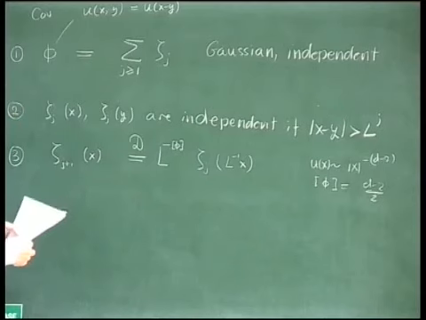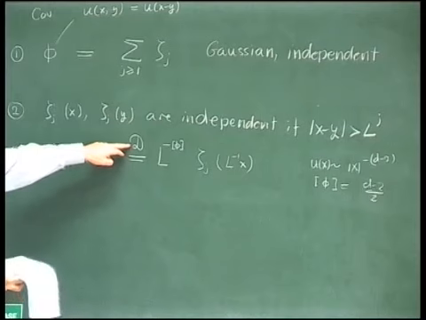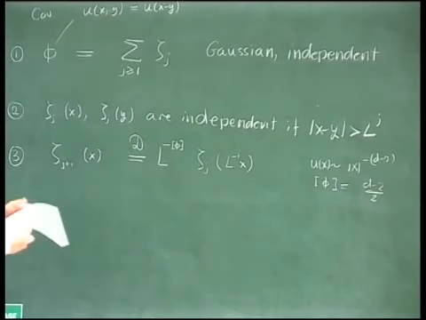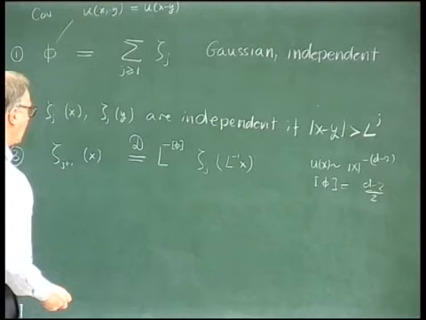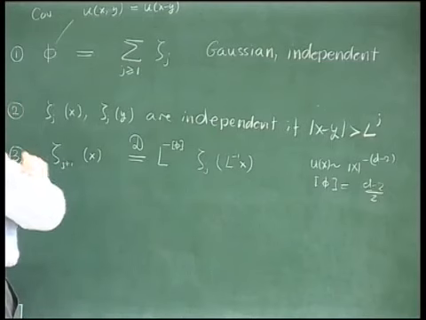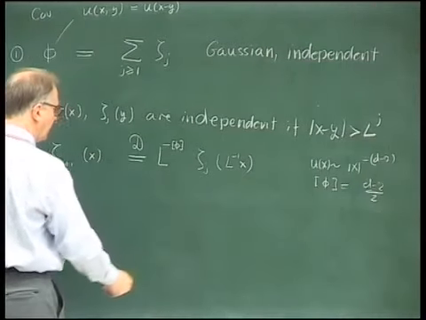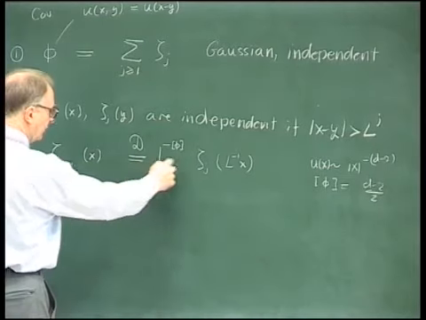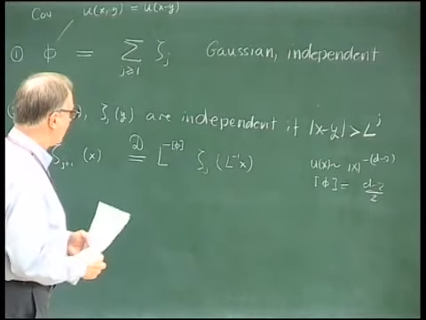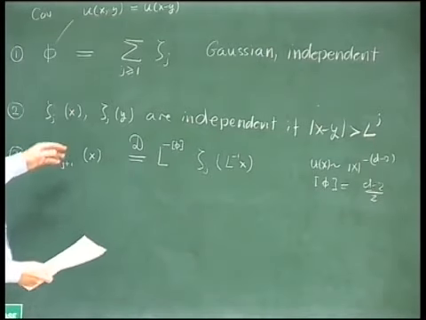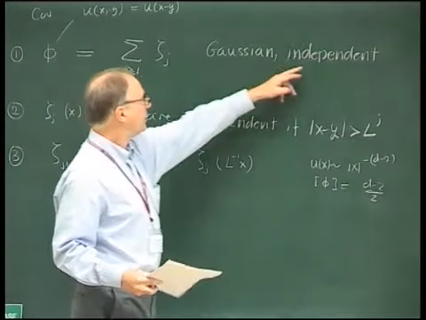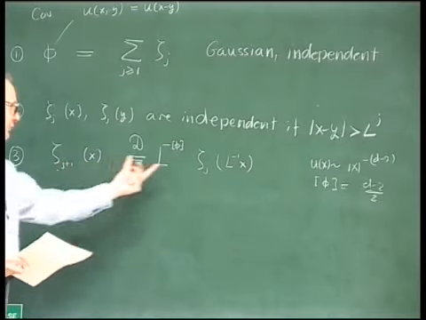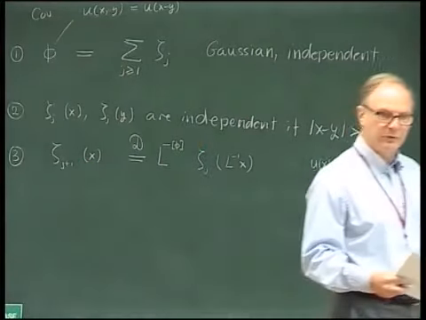And then the reason why I still keep this confusing matter in the last line is because these fields are really different. You could not claim that zeta of x j plus 1 is actually exactly equal to that, because then, of course, these fields would not be Gaussian and independent, which is what we're claiming. So all we're saying is the probability law for this is the same as the probability law for that, with this script d on the top.